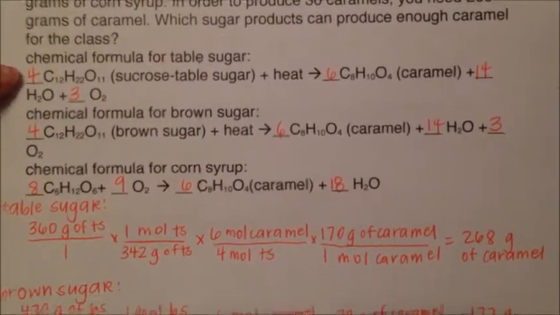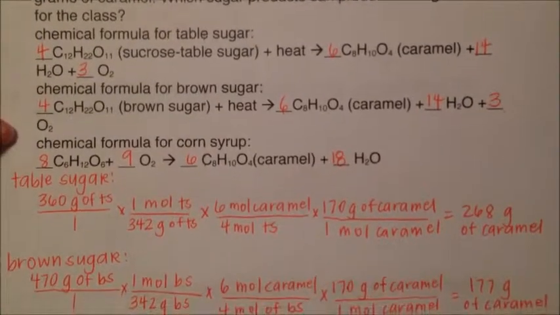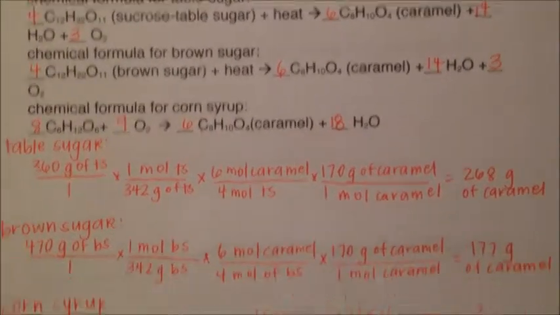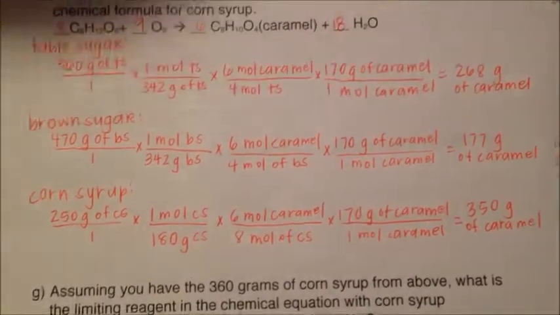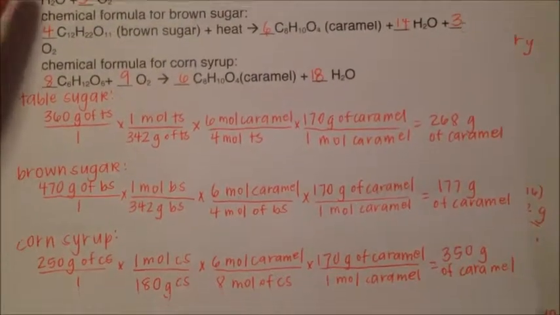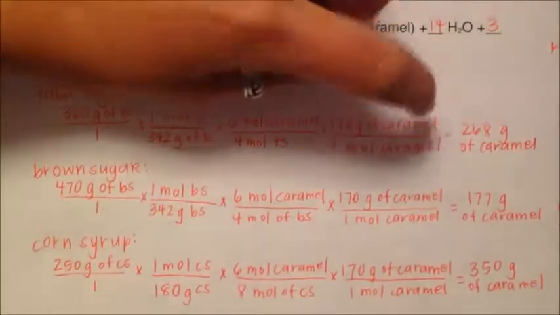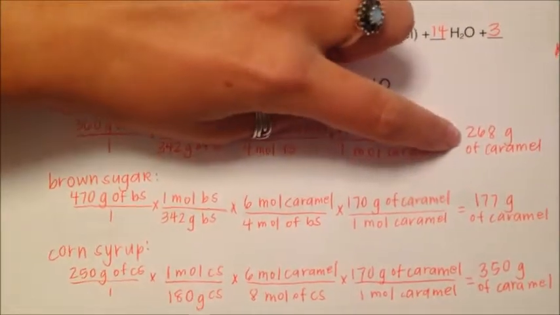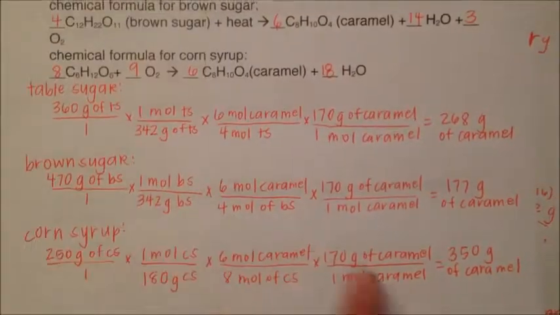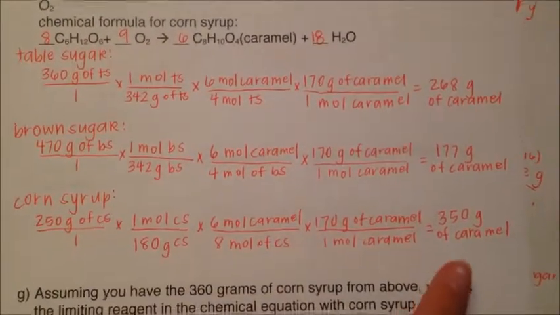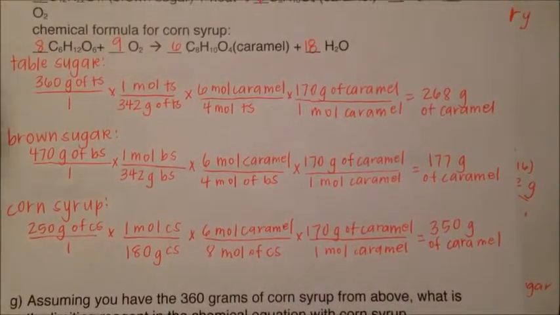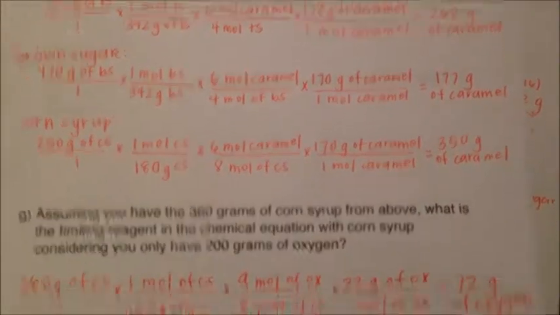So you balance all of the equations, which is just like on the other problem, and then you solve them all out to figure out how many grams of caramel you get with the amount of sugar you have. And so you get 268 grams of caramel from table sugar, 177 grams of caramel from brown sugar, and 350 grams of caramel from corn syrup. So you can use table sugar or corn syrup.